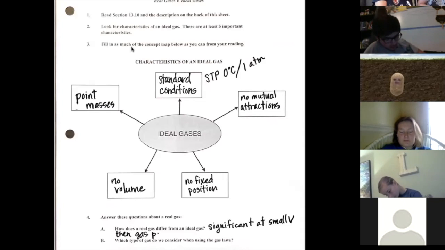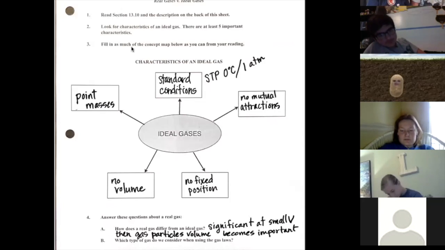Gas particle volume becomes important, because they would start to attract to each other, right?